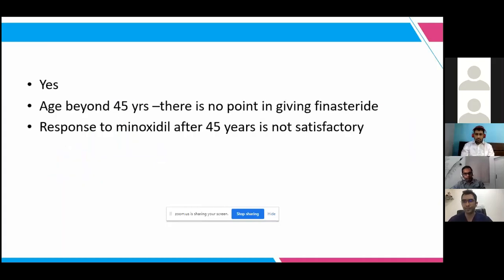Yeah, rightly said. Anybody above 40 years, there is no point in giving finasteride. That is what they say. Response to minoxidil also is not that satisfactory after 45. I mentioned only age, but he has mentioned lifestyle modification. People who are having different lifestyles, change the medications accordingly, whichever suits him the best.